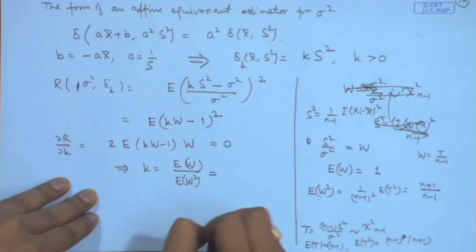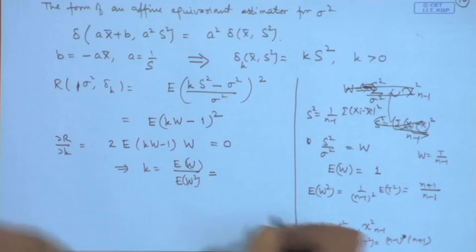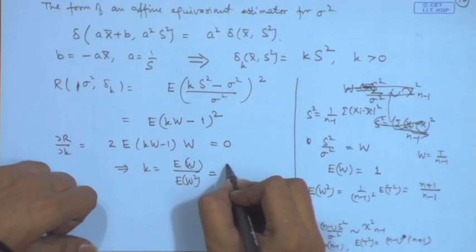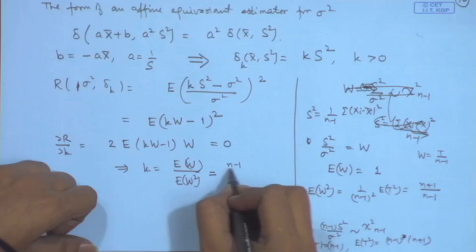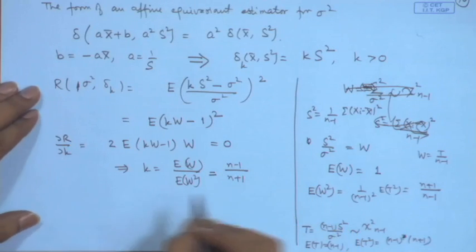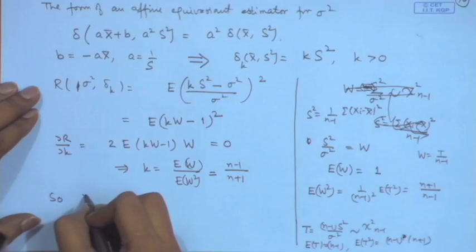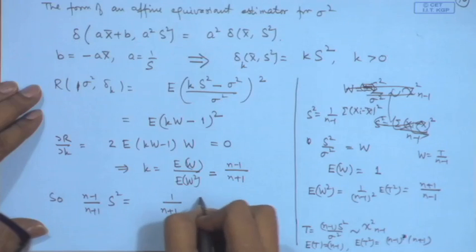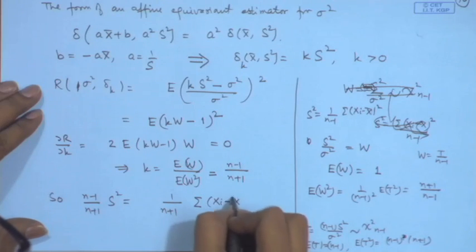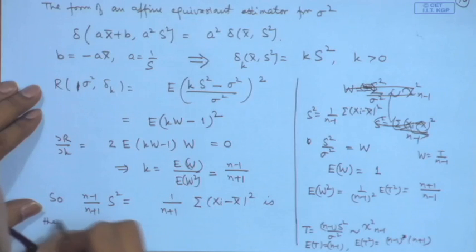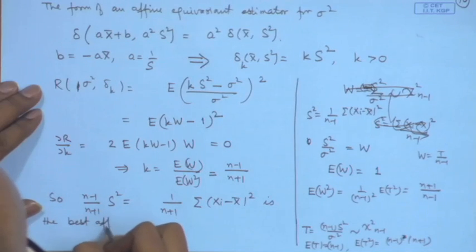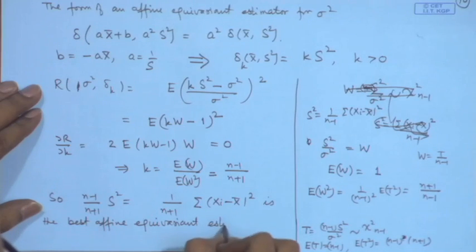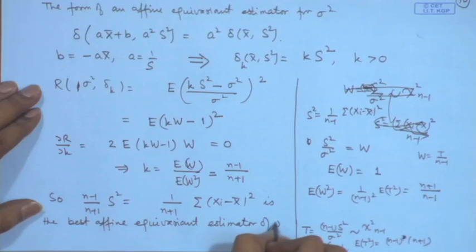So, this is equal to then expectation of W is equal to n minus 1 by n plus 1. So, n minus 1 by n plus 1 S square, that is equal to 1 by n plus 1 sigma x i minus x bar whole square is the best affine equivariant estimator of sigma square.